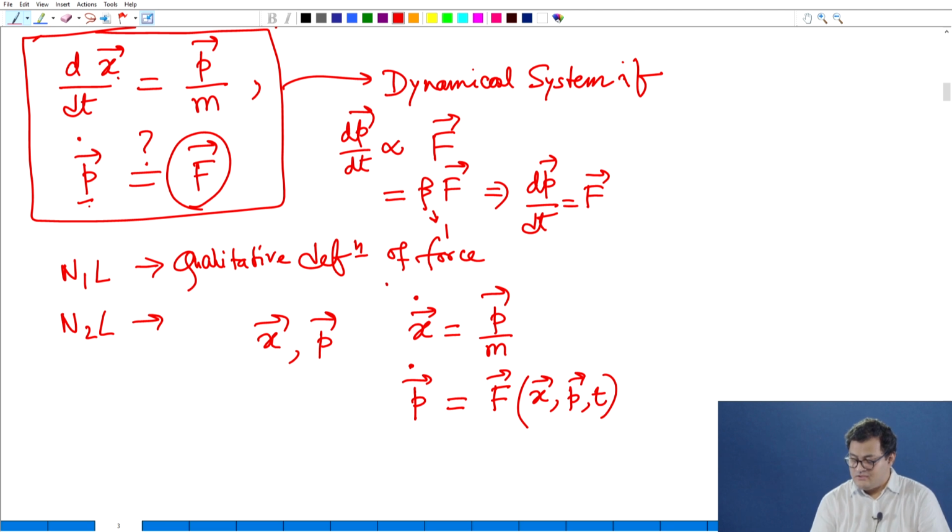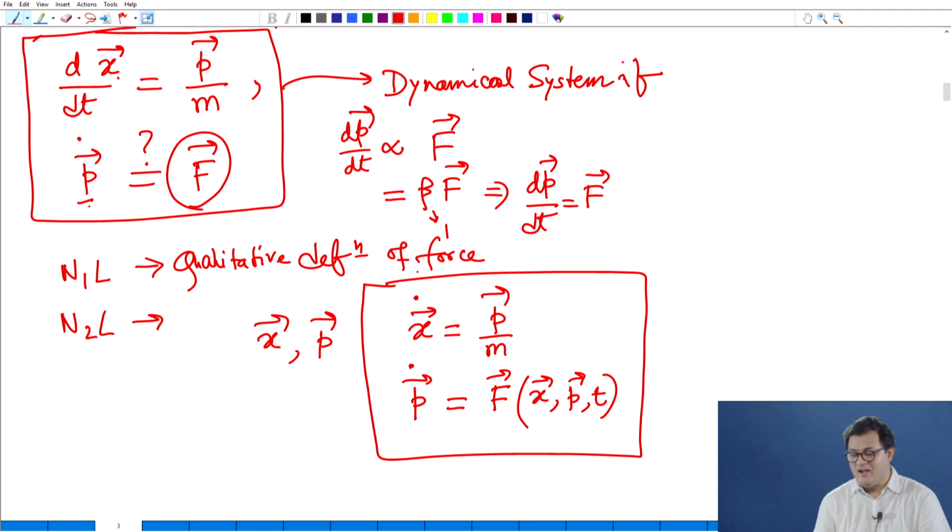So, you see this is a system of equations where you have one intrinsic independent variable, that is t, and x and p are two variables which depend on t, of course, and may also depend on each other, and their coupled evolution equations are given by this.